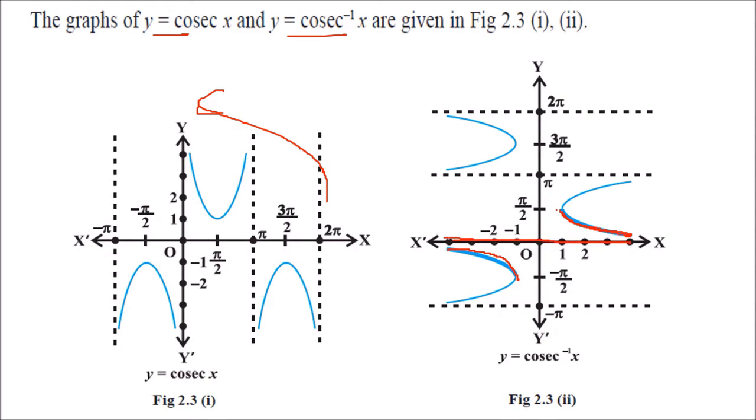One is the domain, one is the range. So this pi by 2 to minus pi by 2, and there will be the values from minus 1 to 1. Except minus 1 to 1, all the values can be taken. So we know the range and domain also.